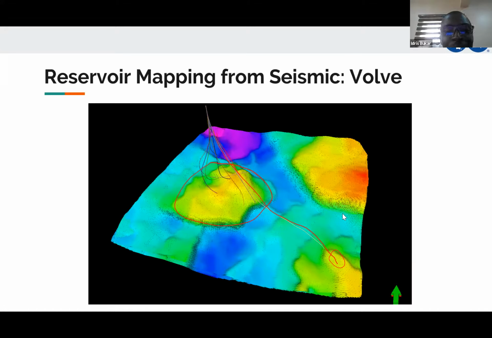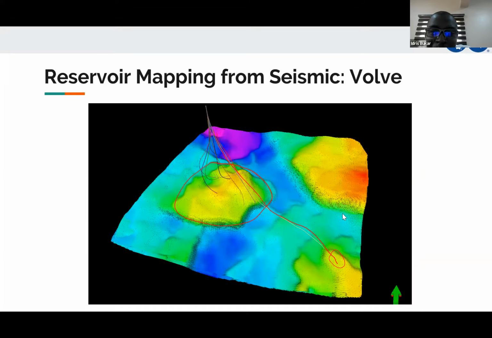So when we have a time-lapse seismic data, of course, you can do your history matching, because even by looking at the seismic data, one of the best things that you would see from a time-lapse data is your fluid movement, basically.